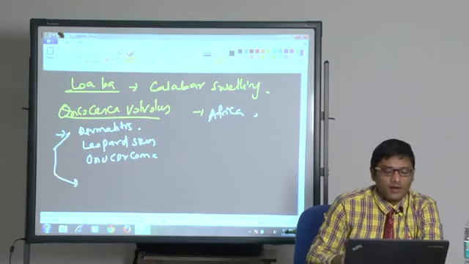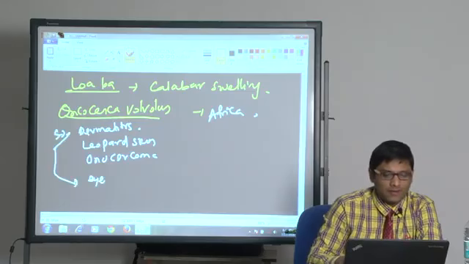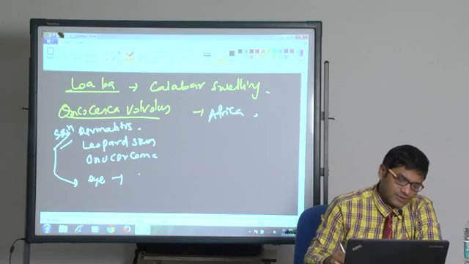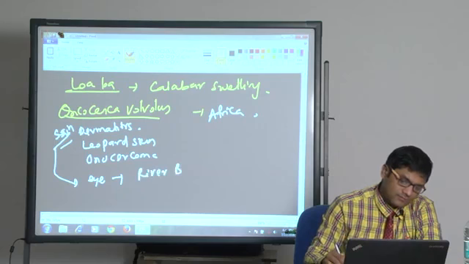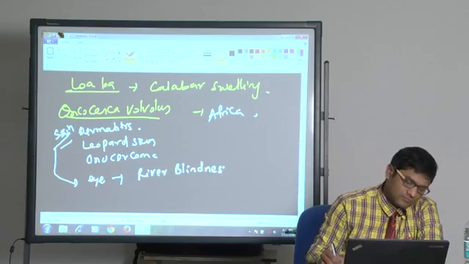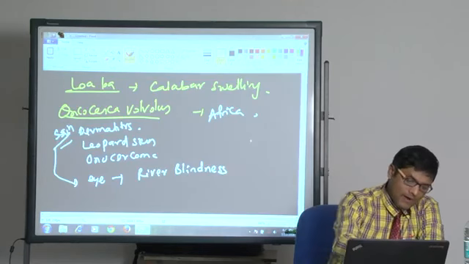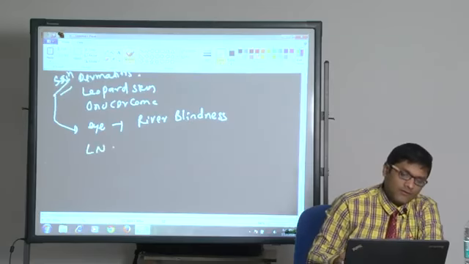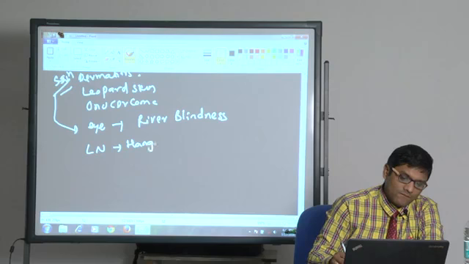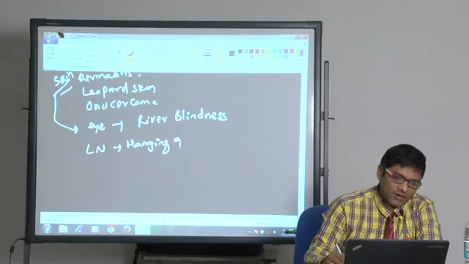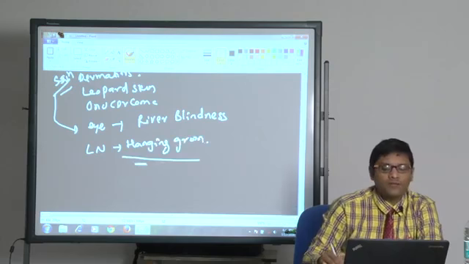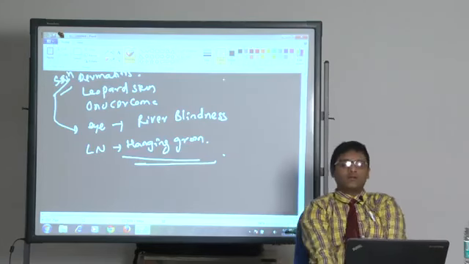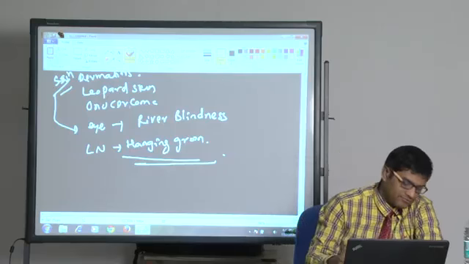Apart from that, ocular manifestation: it causes river blindness. And they say that the lymph nodes will be hanging from the groin region, and this particular sign is called hanging groin.